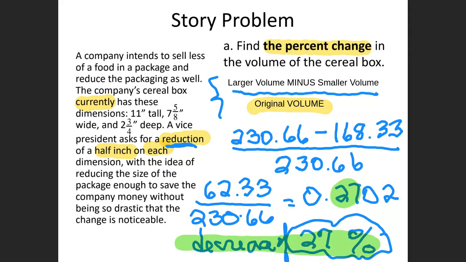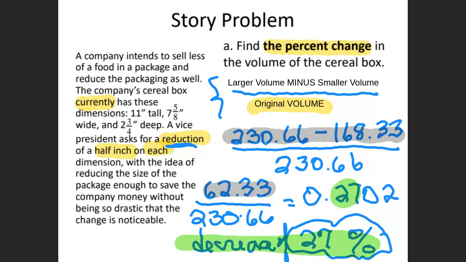What you're going to do is take 230 and we are going to subtract it from 168.33. That is that answer. That's how I get it.